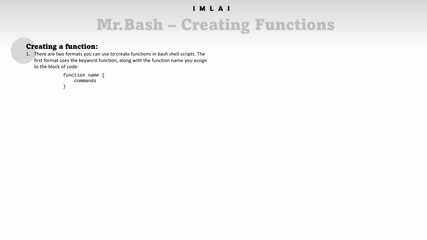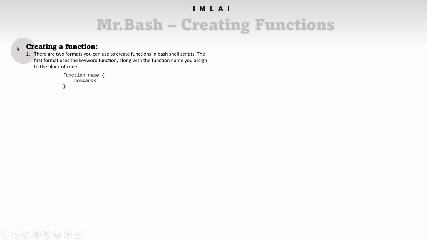Inside that, the name attribute, basically the name that you mention here, defines a unique name assigned to the function, because each function you define in your script must be assigned a unique name.